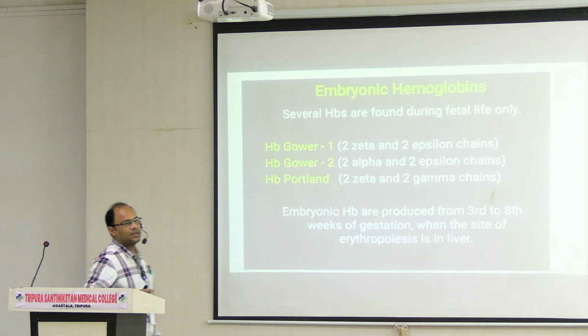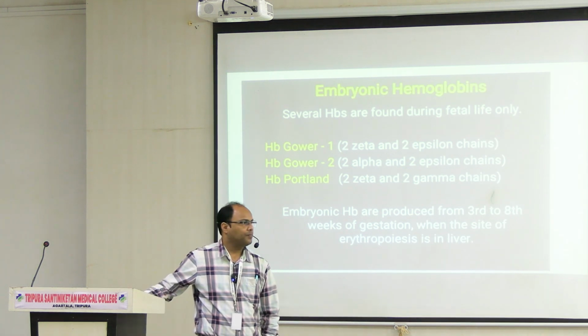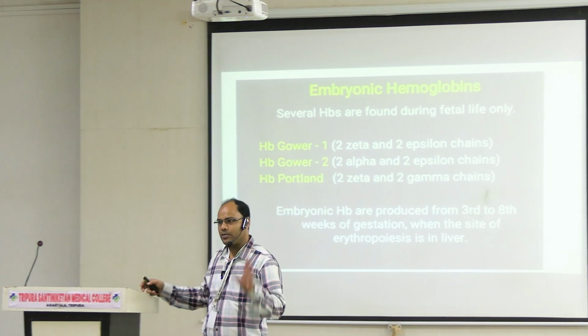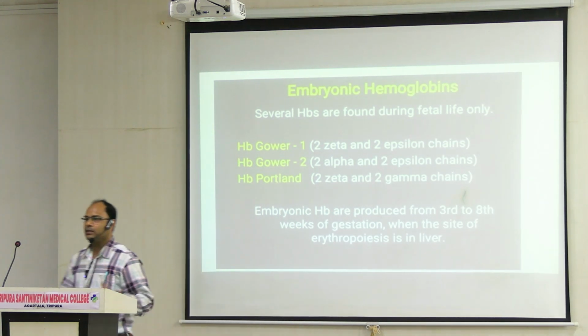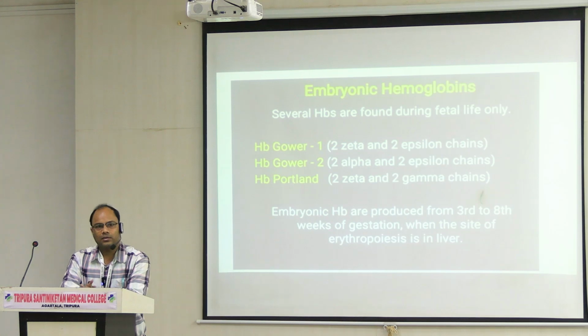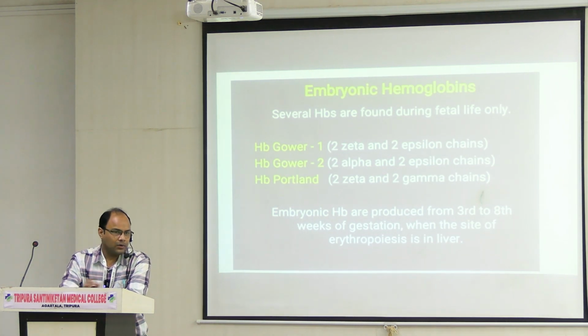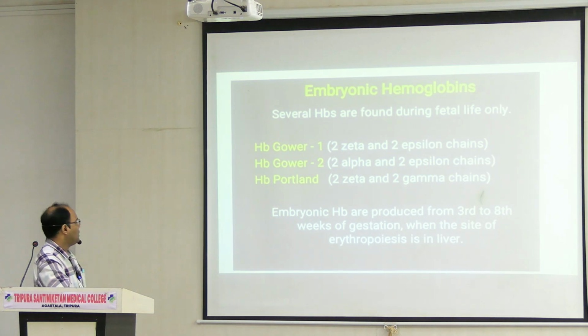So if you ask in the exam, please tell me some fetal hemoglobins. Can anyone tell me? If in the exam we ask for 2-3 hemoglobins found not in children but in the fetus, you can answer, right? Gower 1, so this is the answer.